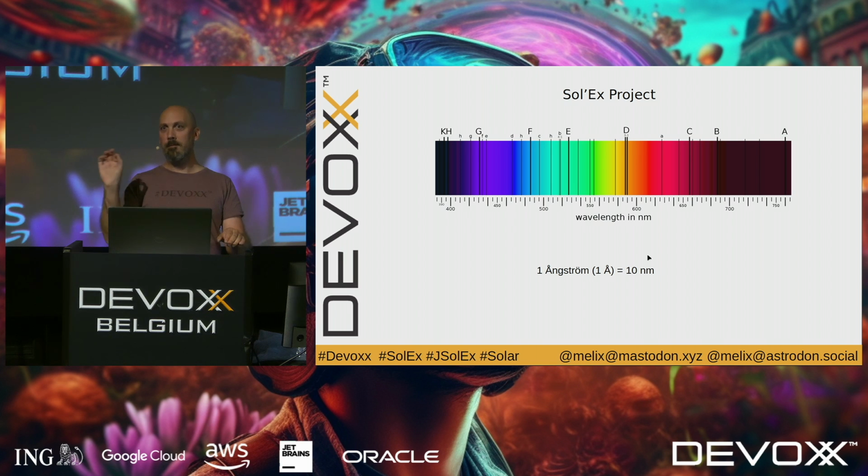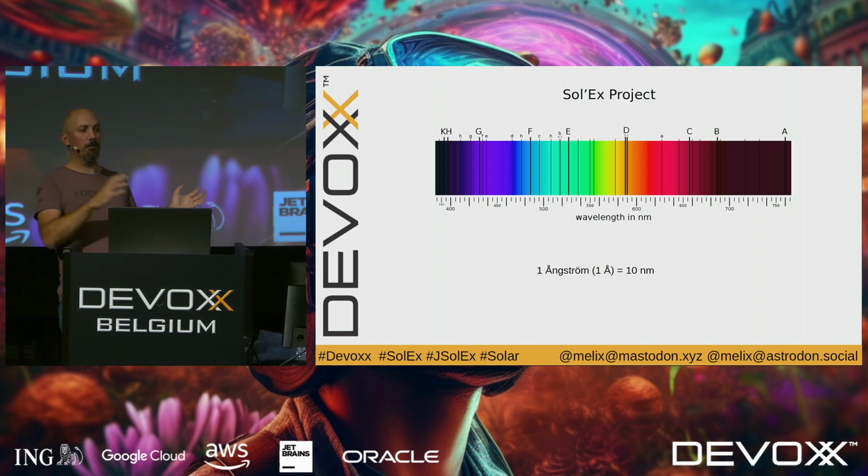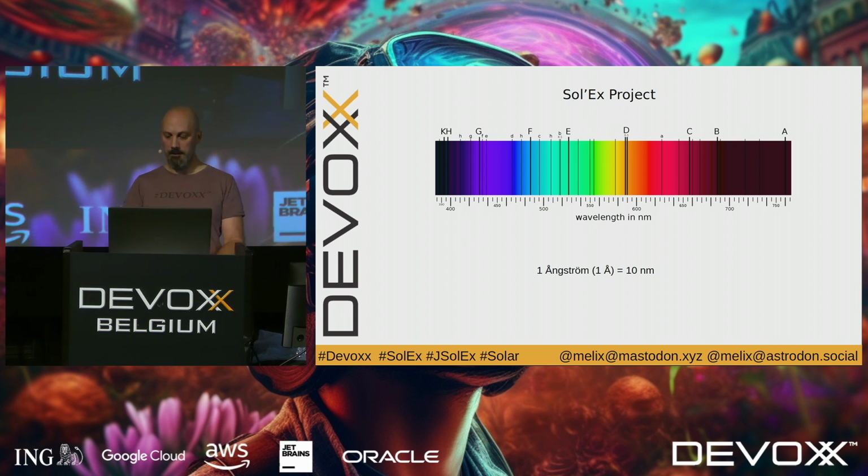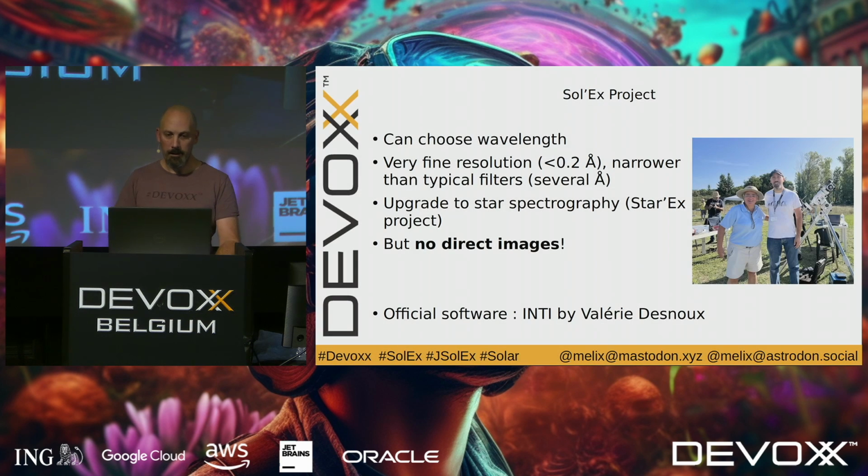An angstrom is basically 10 nanometers. So that's the unit that opticians and astronomers in this specific area use to talk about the wavelengths of the light.